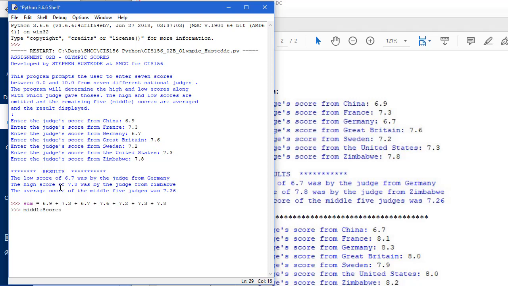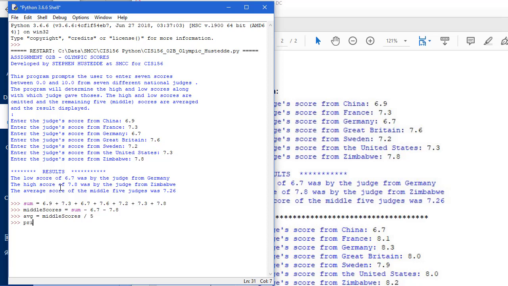And we'll say middle scores equals sum, and we're going to throw out the lowest and the highest, which were 6.7 and 7.8. And I can say the average equals middle scores divided by 5.